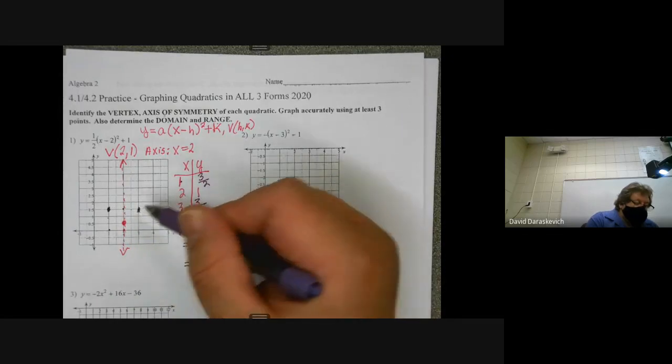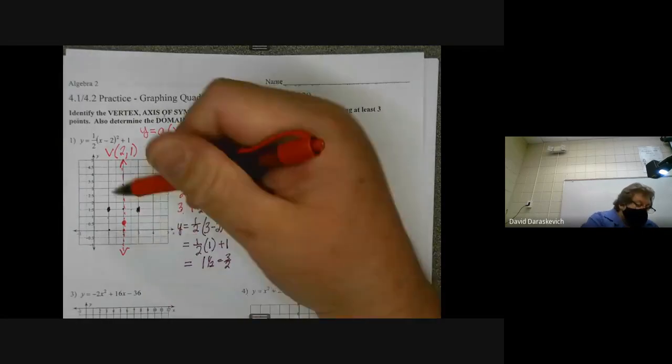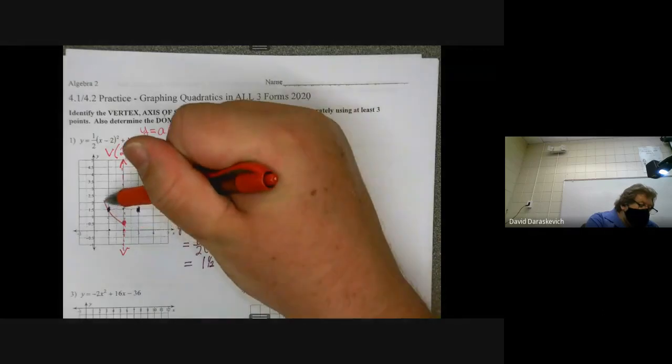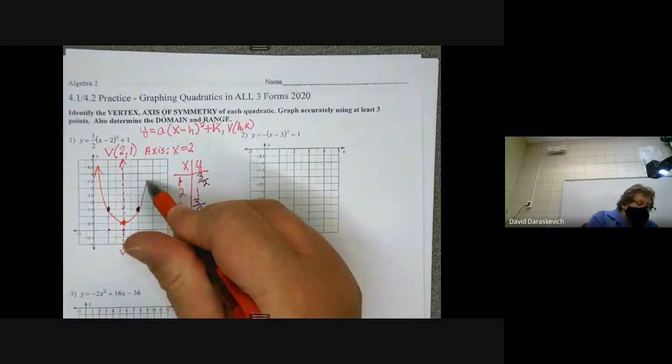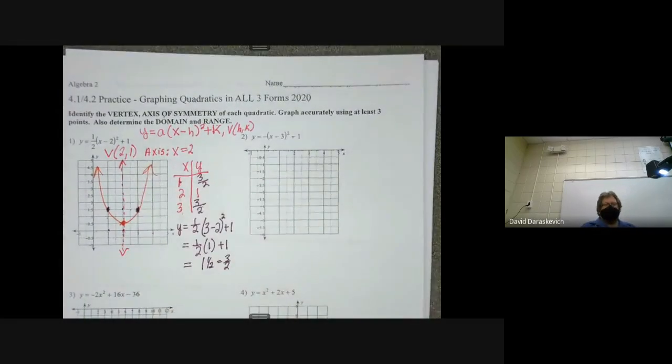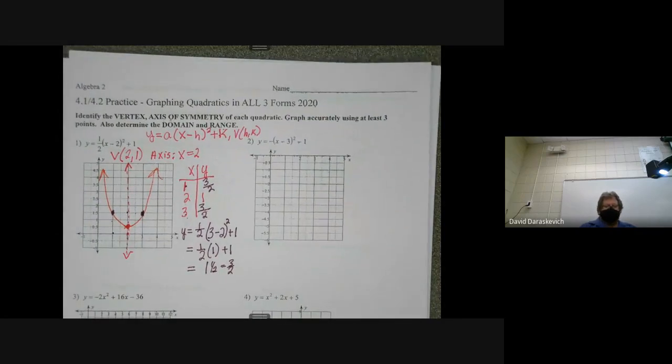There's my 1 and 3/2. So here's my parabola. Boom. Boom. Vertex form. Pretty cool, huh? Easy. Easy peasy vertex form.